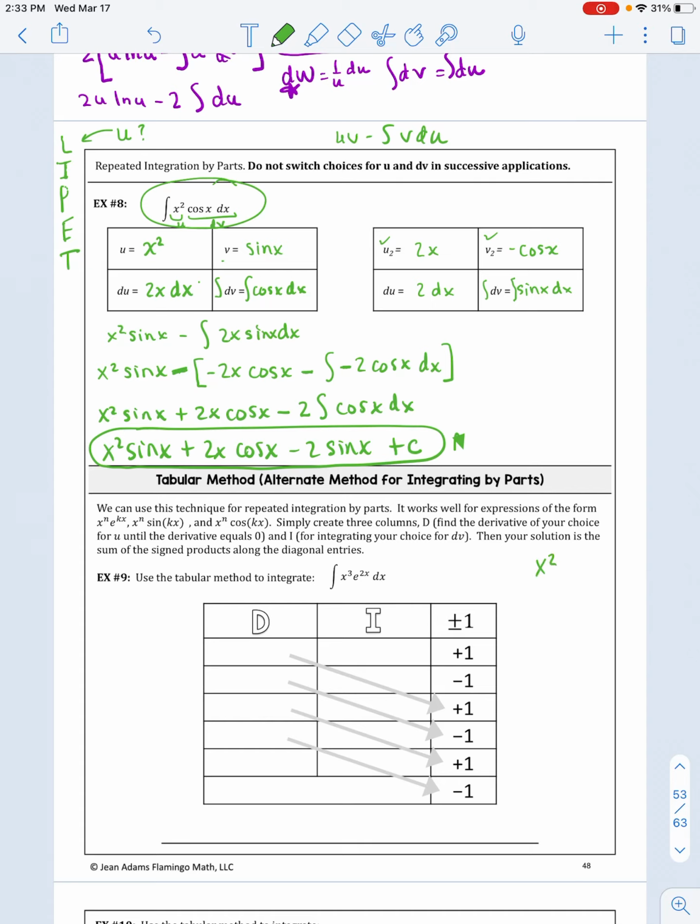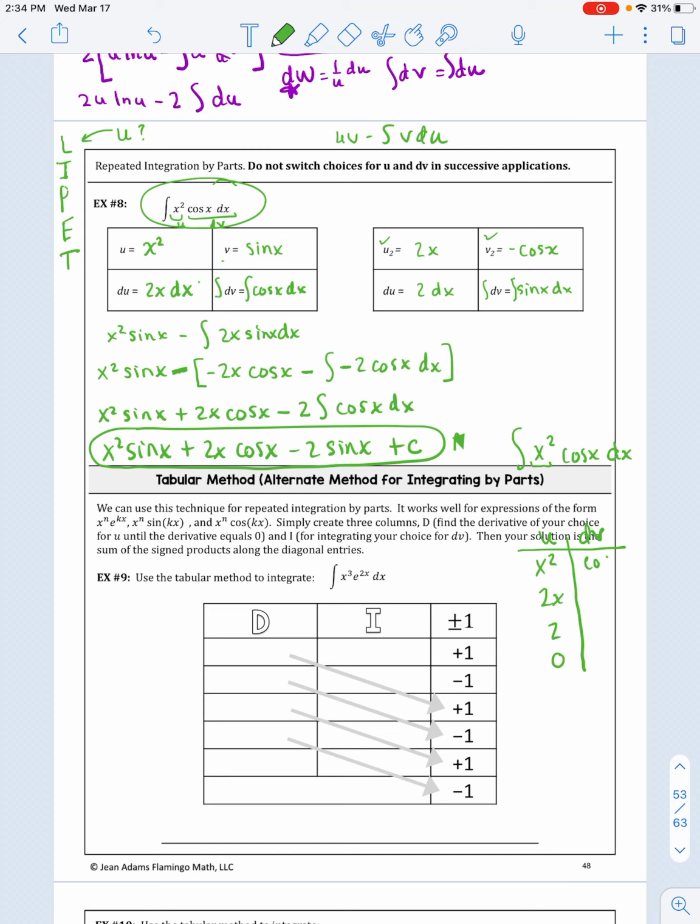What you do is, whatever you're going to make your u, you start with that. Again, I'm using this example number 8 before I do example number 9. I'm just showing you what the tabular method is. We decided that this was our u. Go ahead and just keep taking the derivative of that until you get to 0. So these are all of your u's, and you just took the derivative, took the derivative, took the derivative. I want your dv's to go on this side.